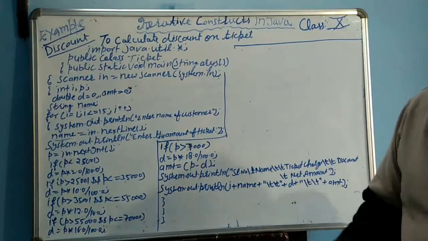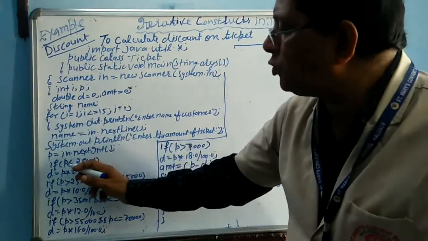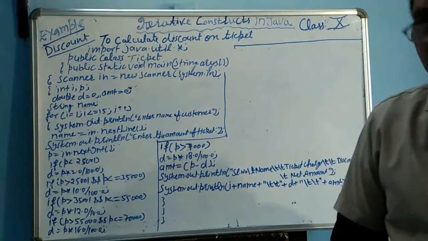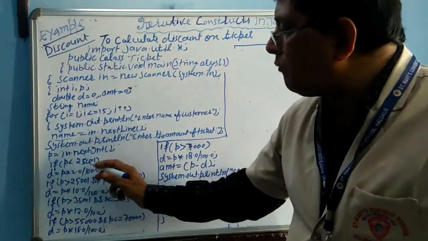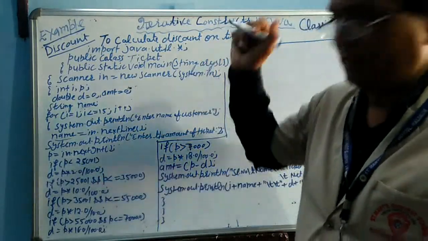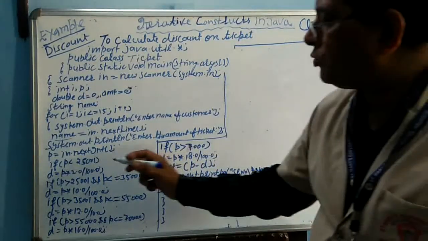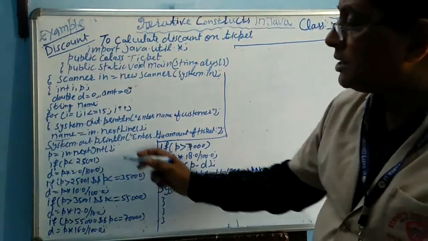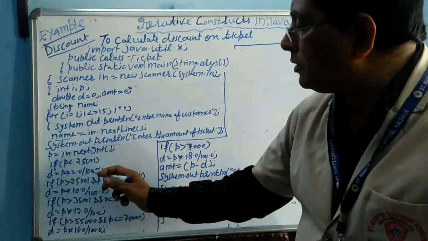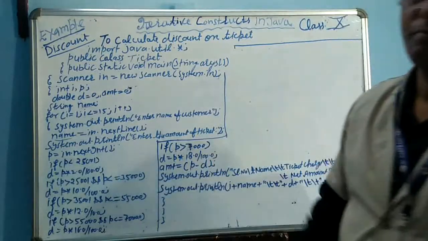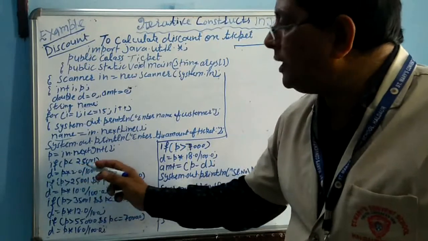Suppose you have entered the value of p, you can write any variable here, a also you can use instead of p. Suppose the value of p is less than 25,001, then discount will be p multiplied by 2.0 divided by 100.0. Why are we giving 2.0 here?